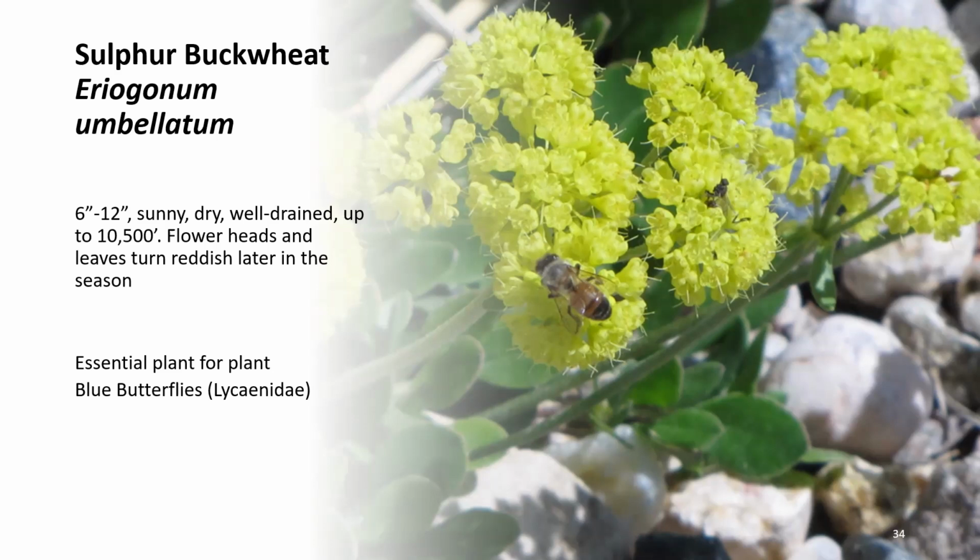There are places at Rocky Mountain National Park or at Shambhala Mountain Center where I've seen large, extensive patches of these. And they are particularly attractive to what are called the blue butterflies, of which there are several species in Colorado. Those blue butterflies exclusively feed on the genus Eriogonum. So that is the notion of an obligate specialist.